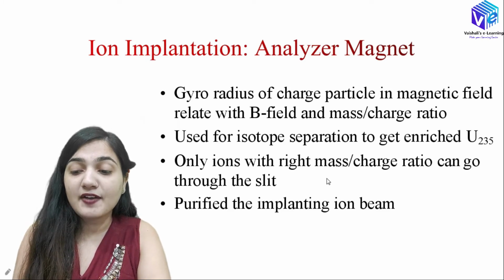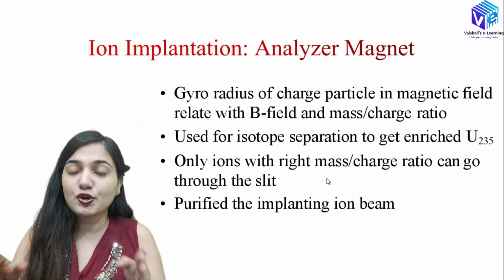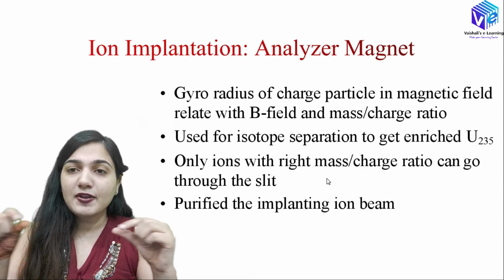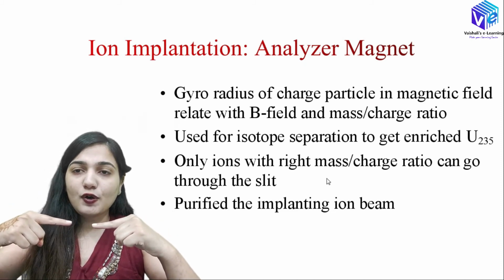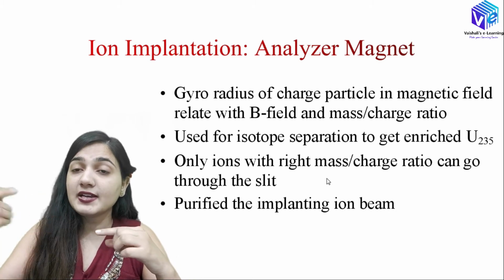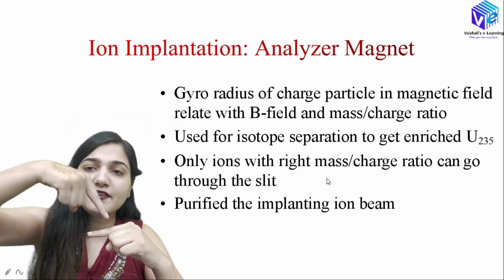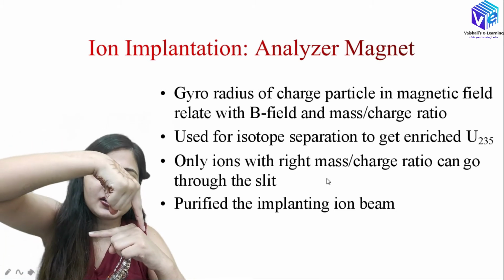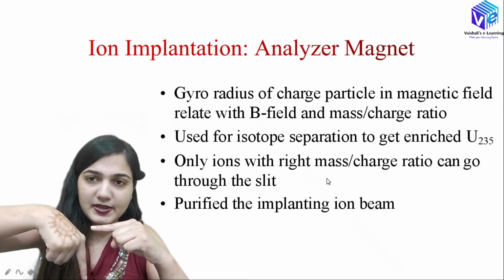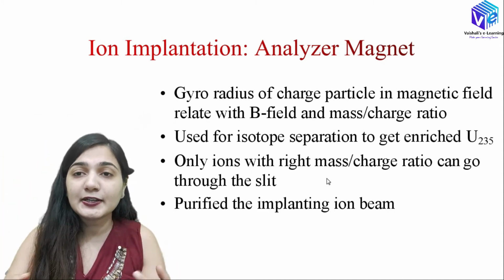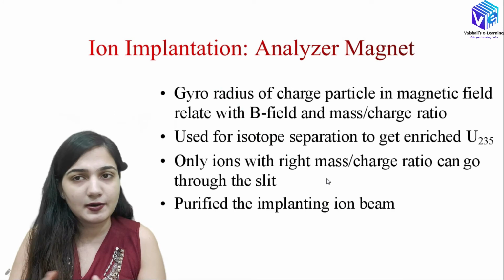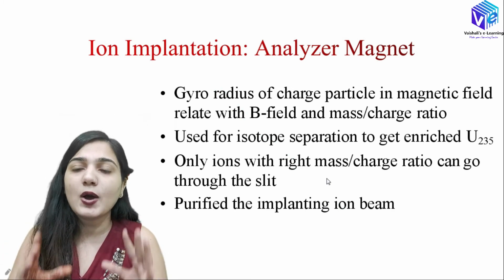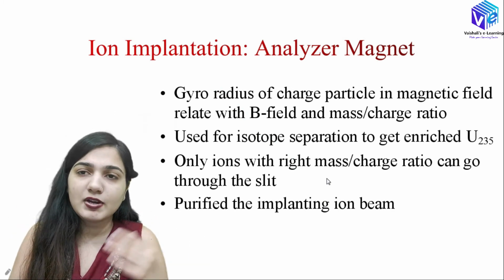So if I have the right mass to charge ratio, then only will I have some slit. You can have various deflections. One deflection goes here, one goes here, one comes here. I can place my slit at the particular deflection position, and this is how I can separate the different charges.